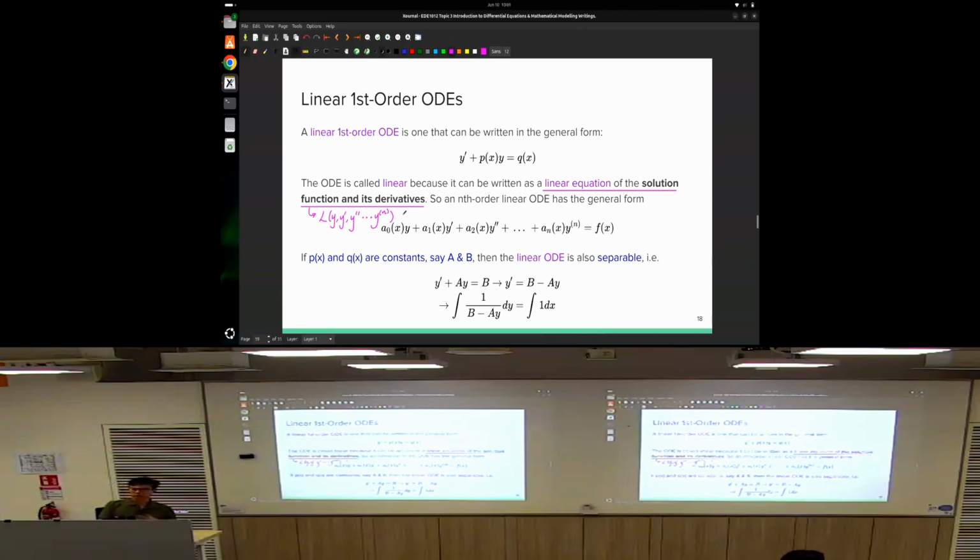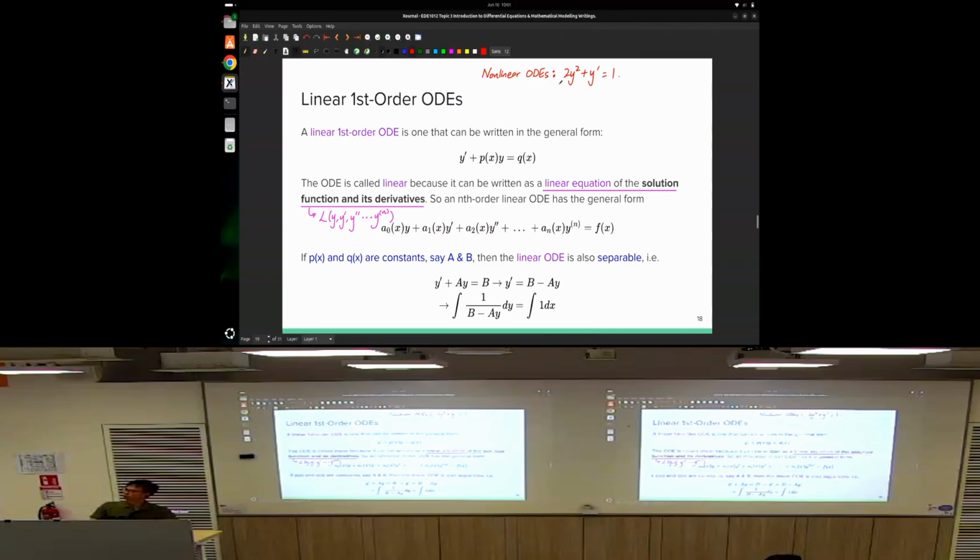Then of course, that begs the question, what is a non-linear ODE? So maybe we should give some examples. Counter examples. Non-linear. If you cannot write it in the linear form, then it's not a linear ODE. Like 2y squared plus y prime equals 1.